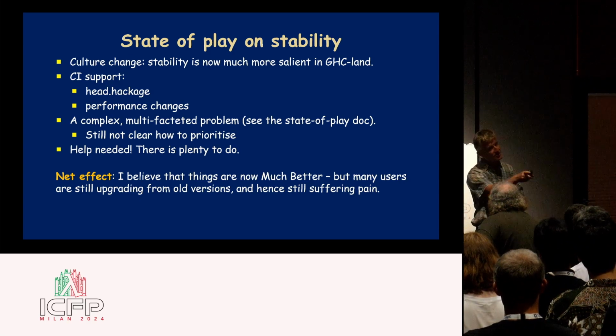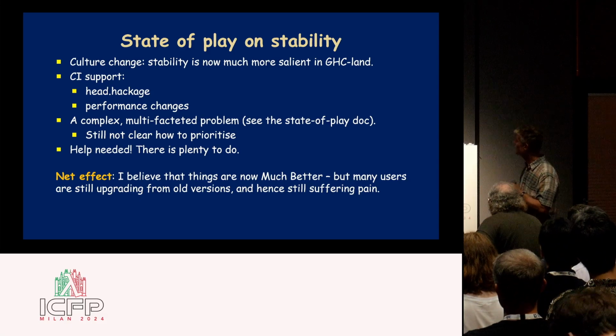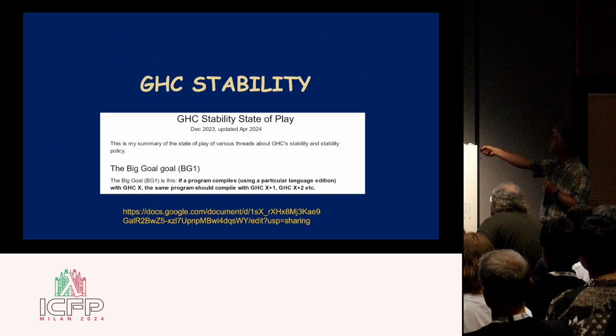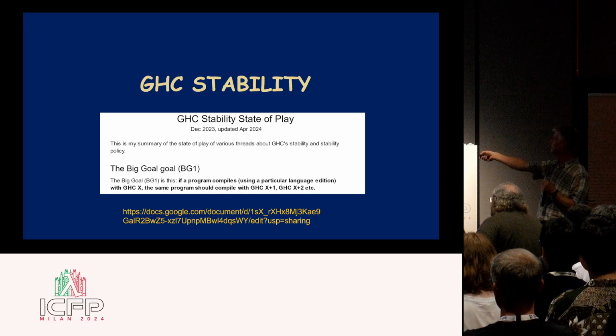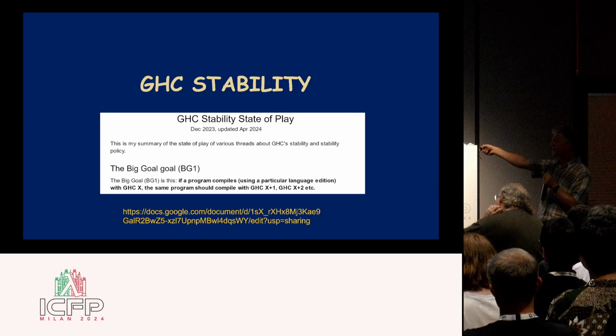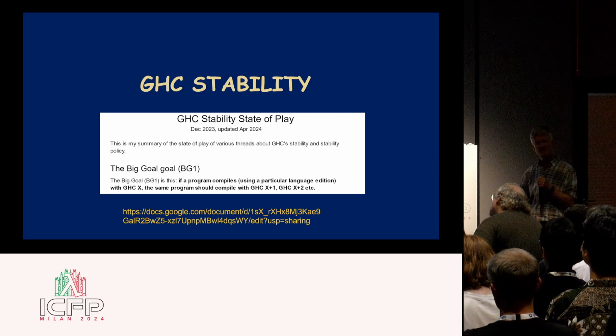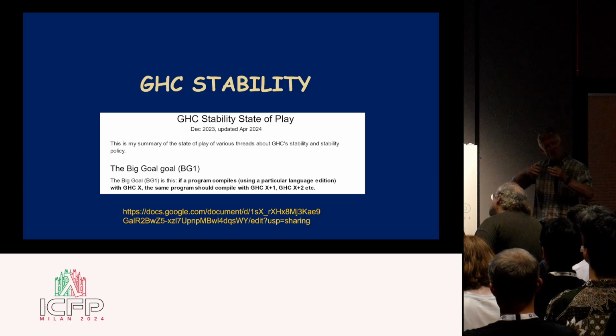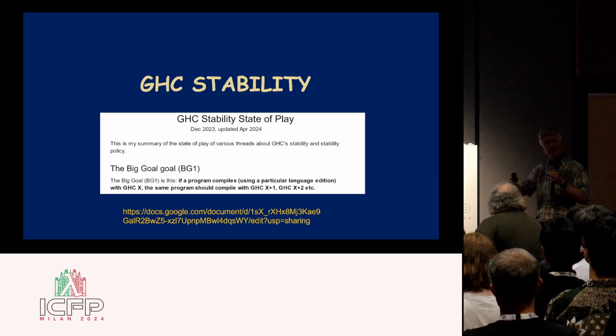I think this time it will still be painful, but I think it will be getting less painful because we're paying a lot more attention. So let me just point you to this page. I put a link here. We'll publish these slides. It's only a Google Doc at the moment. I wrote it. It tries to say, what are the facets of instability?